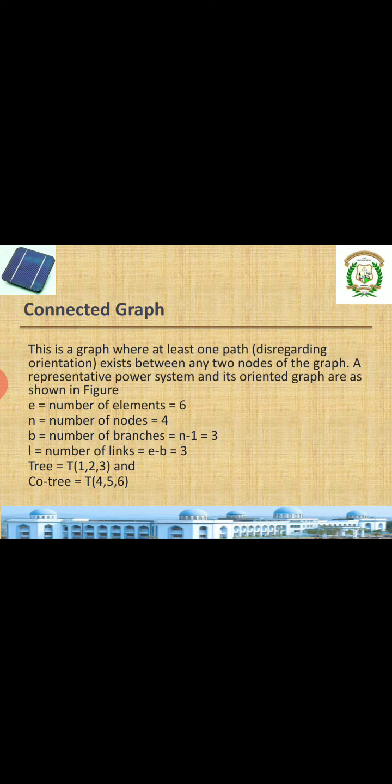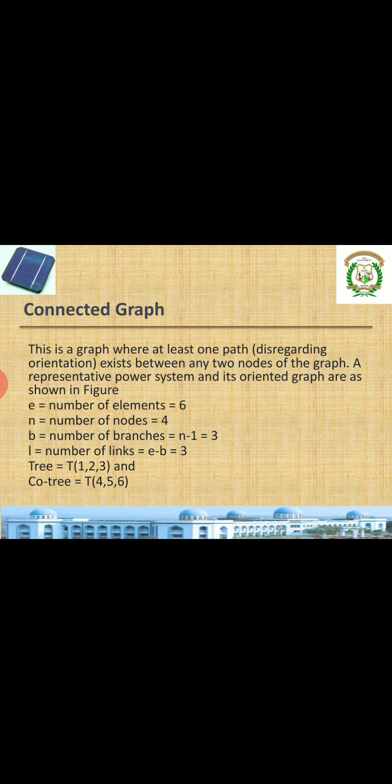See here, we will go for the connected graph. This is the graph where at least one path exists between any 2 nodes of the graph. Meaning there might be a number of nodes present in a network, but a minimum of one path should exist. Path means a direct connection should be available from one node to another node.